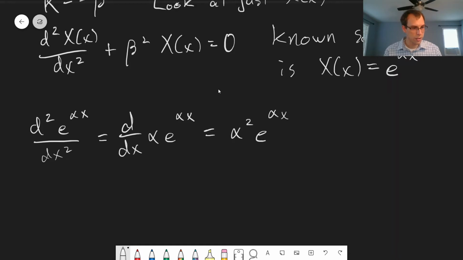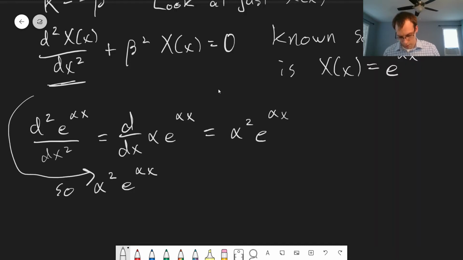And so we can show that alpha squared e to the alpha x, this is our derivative up here, plus beta squared e to the alpha x, substituting what X of x is, is equal to 0.